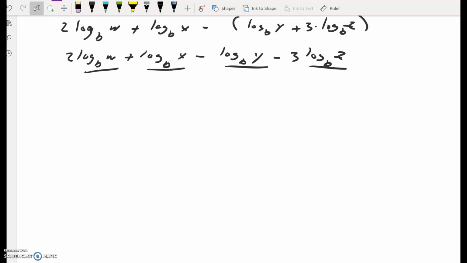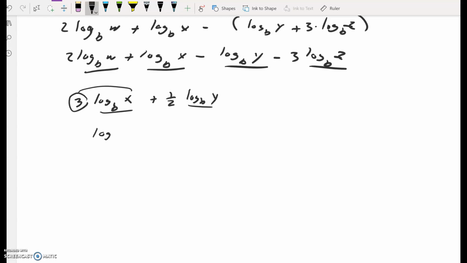Now let's look at a problem where we go the other direction. Here we have something written in terms of logarithms of individual variables, and we're going to try to compact it into just one logarithm. And so we're going to reverse the process in the last problem. This 3 that's multiplied in front could come out here. This 1/2 that's multiplied out in front could come here.